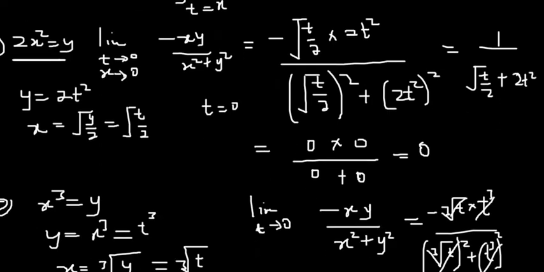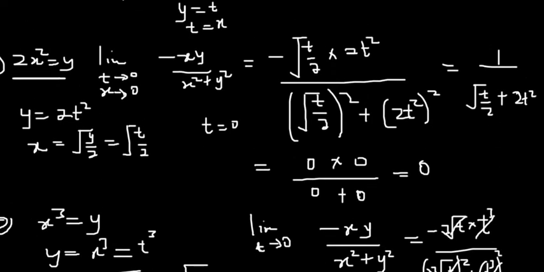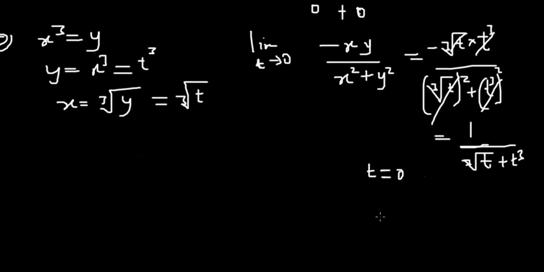We didn't bother ourselves going through that, but you could also go through that. And then at the end, you end up with 0. So this question also gave us a 0.